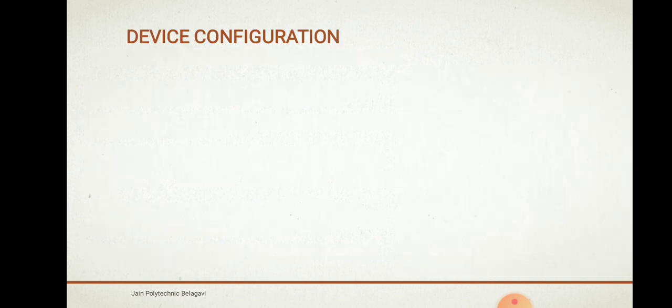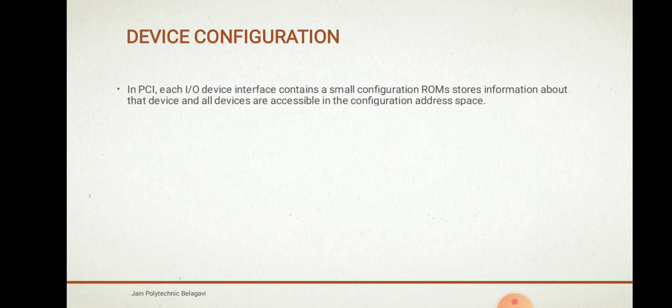Now let us go to device configuration. In PCI, each input-output device interface contains a small configuration ROM, which stores information about the device and all devices that are accessible in the configuration address space.